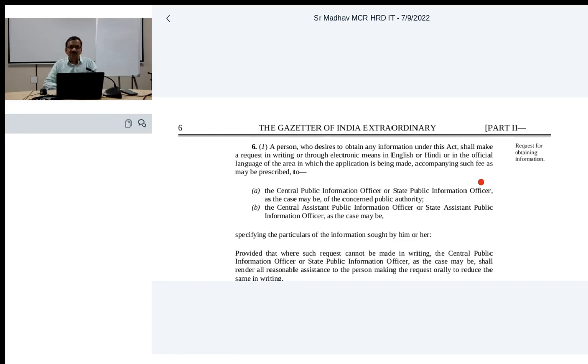The fourth condition, it should be addressed to the PIO, central PIO or the state PIO or APIO. So it should be addressed to the public information officer or the assistant public information officer. The final condition is the application should specify the particulars of the information sought by the applicant. So these are the various conditions that need to be satisfied for a valid request.